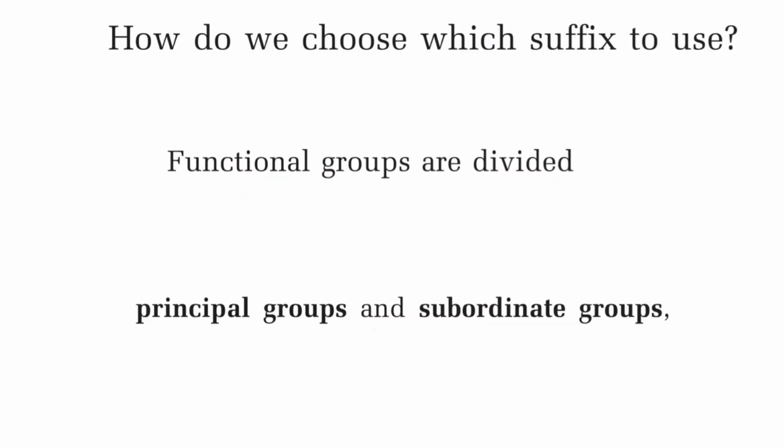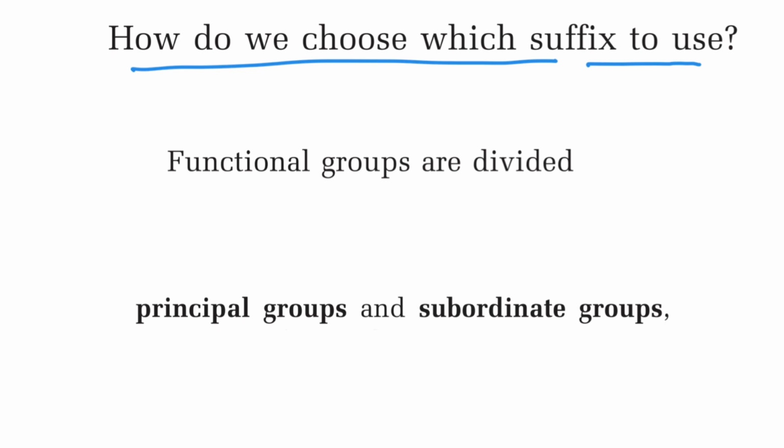Then how do we choose which suffix to use? Before, in one compound, an ester functional group is there, a keto functional group is there, and in the first compound a double bond, an alkene functional group, is there. In the compound we now discuss, an alcohol and amine are there, and ester and keto groups are there.